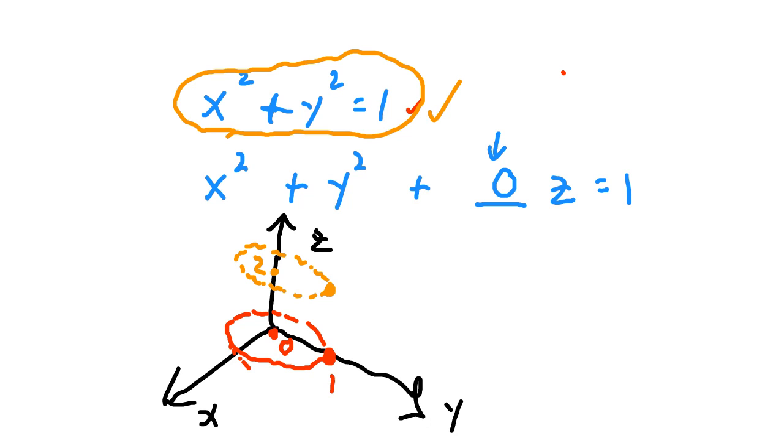That's right, Matthew. And actually, if I drew another circle below the xy plane, where z is -2, and that circle has radius 1, does that obey the equation x squared plus y squared equals 1?